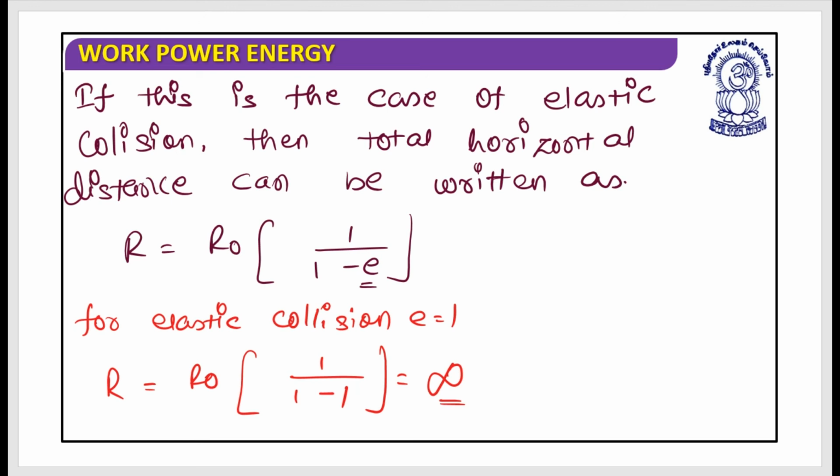This is just Newton's first law, and this is the proof of it. If there are no losses of energy, then this object can keep moving up to infinite distance and it doesn't have any problem.